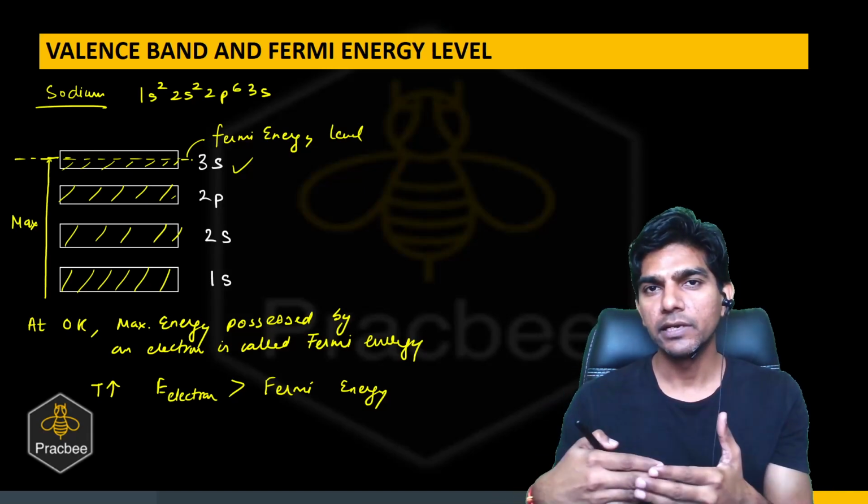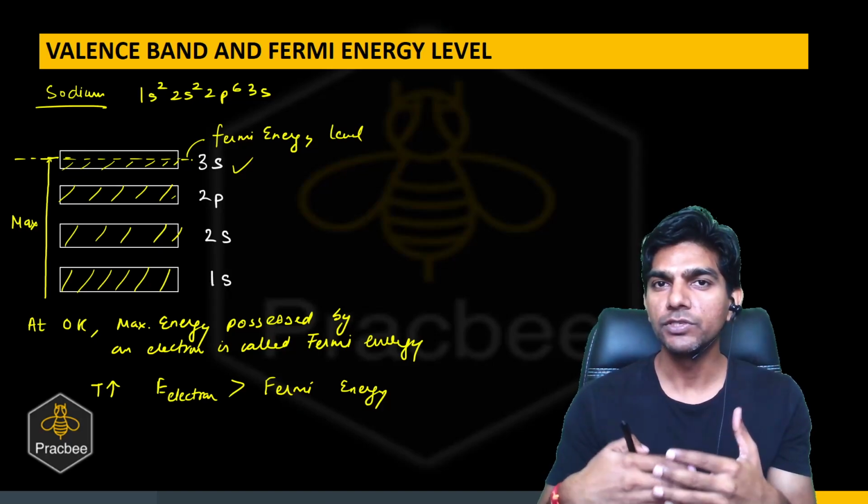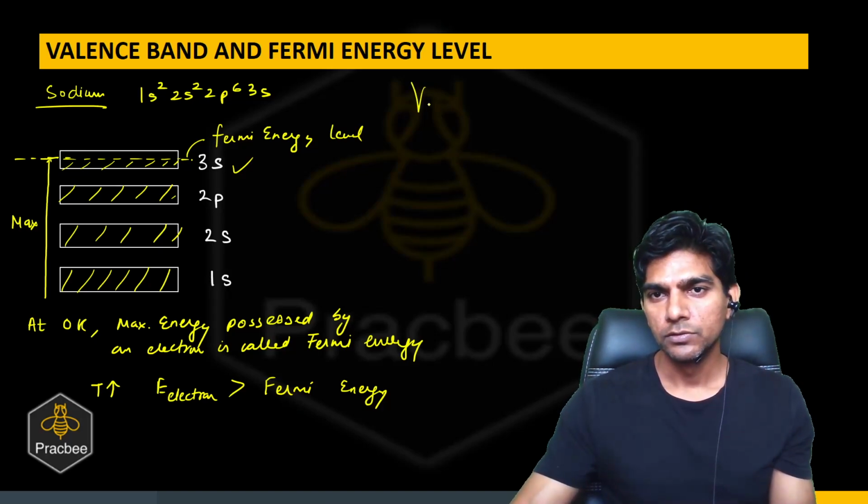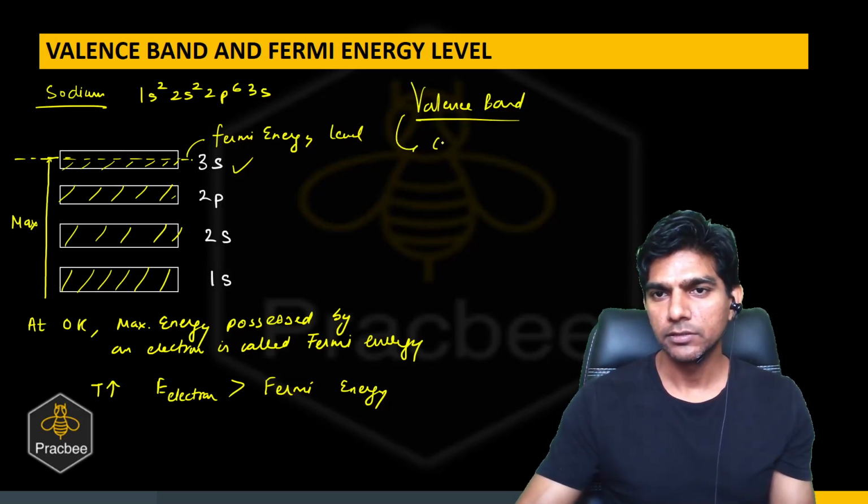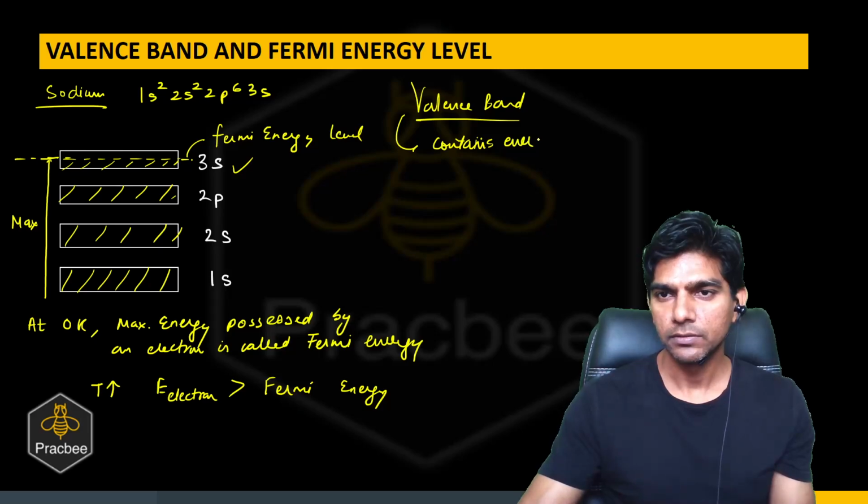The energies of valence electrons constitute another band which is known as the valence band. So the valence band contains energies of valence electrons.